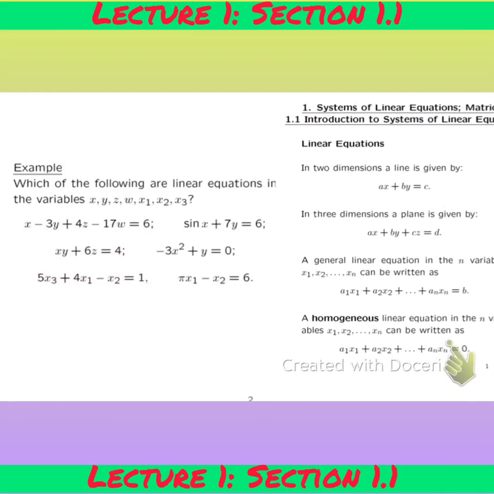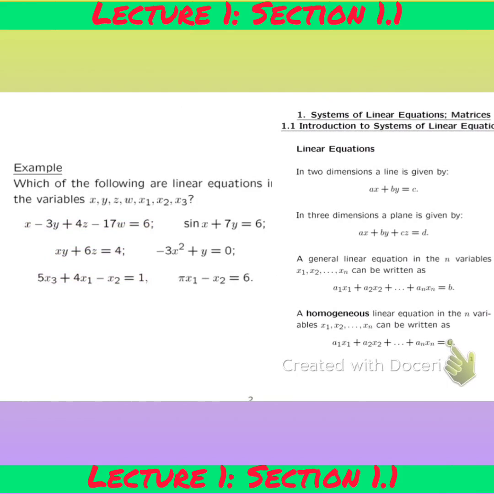Right, then if we look at the second batch, the first one is not a linear equation because the variable x is not a standalone variable. It is within the sine function. So that's not a linear equation. This equation is also not linear because the variable x is not a standalone variable.